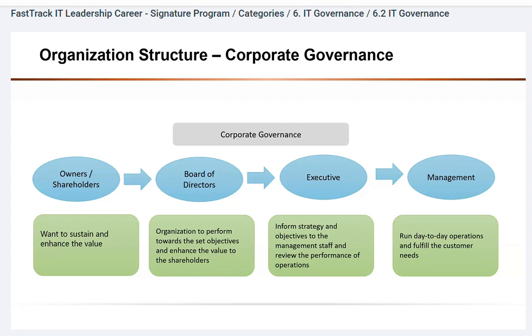So that is what corporate governance is. That includes the policies, regulations, growth objectives or sustainability. It can go into multiple forms, but to our concern, how does corporate governance influence IT governance?